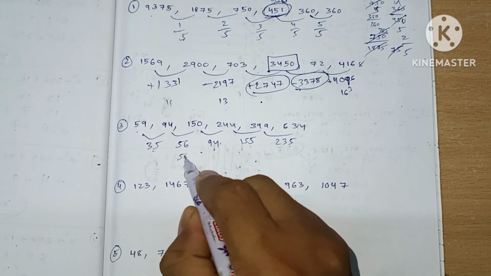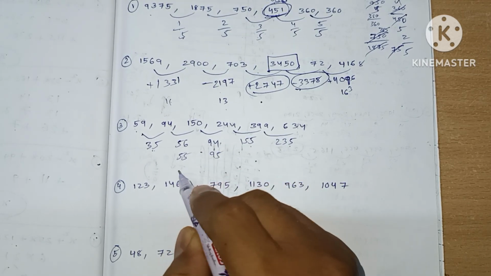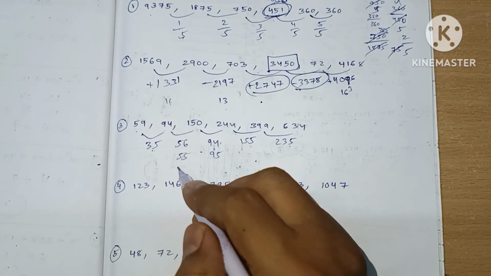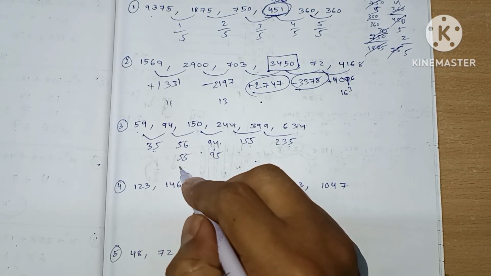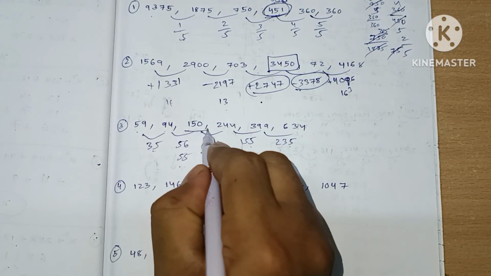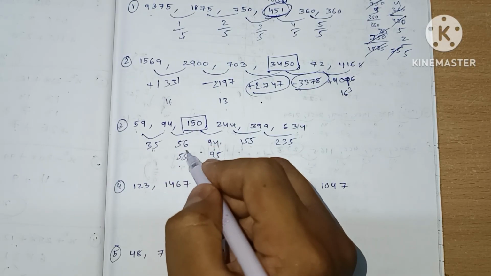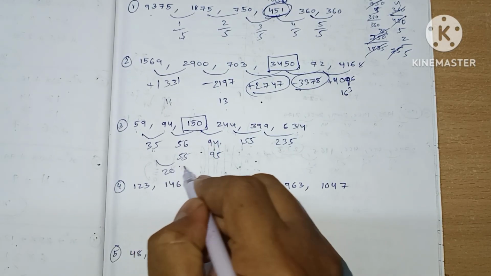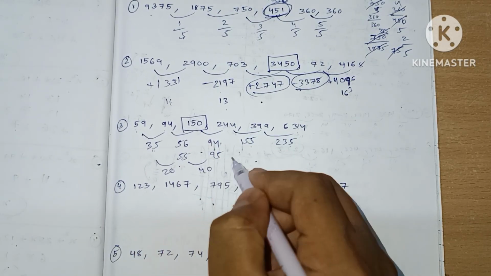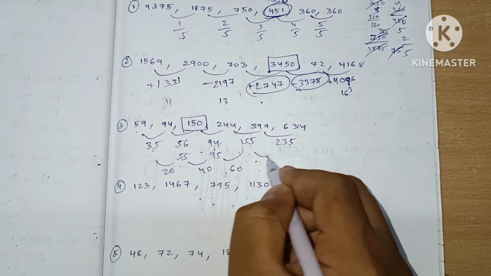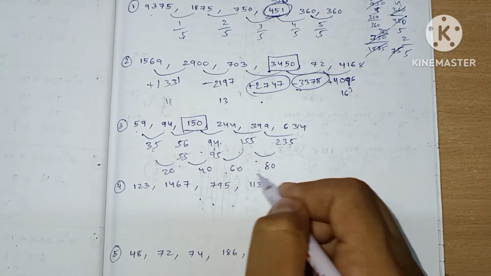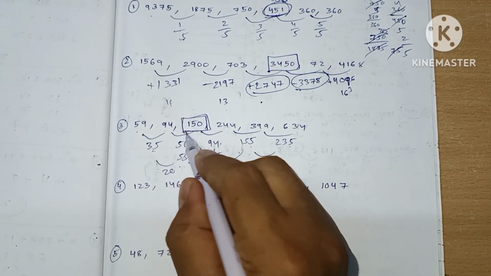If it is 55 and 95, 94 plus 55, which will be the wrong one, I hope. Here the difference is 20. Here the difference must be 40. Here the difference is 60. Here the difference is 80. So it is the correct one. So this is a wrong number.